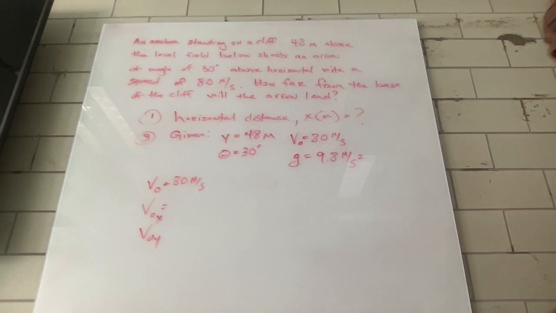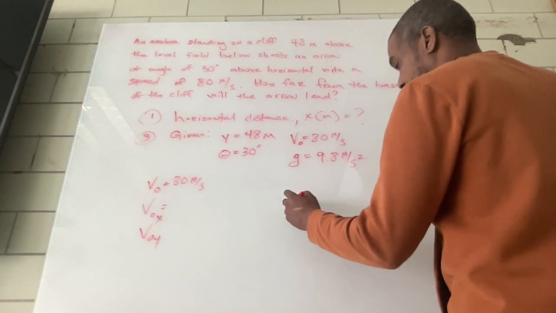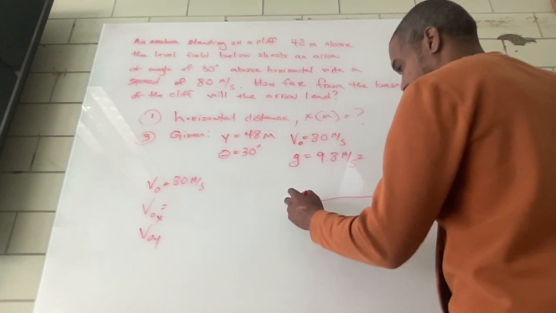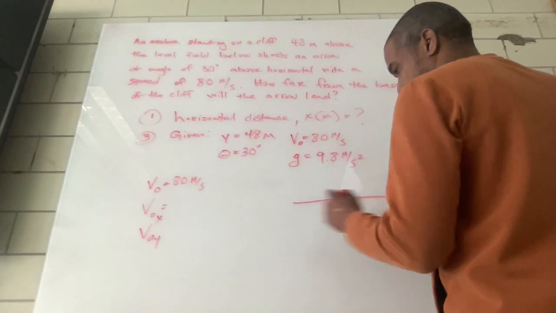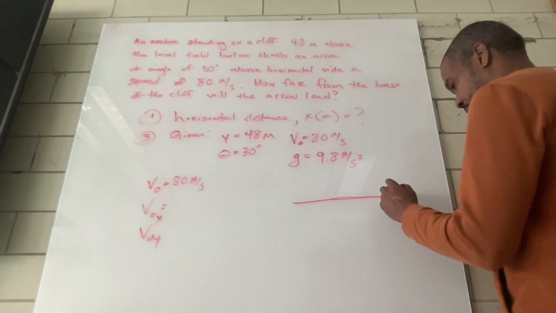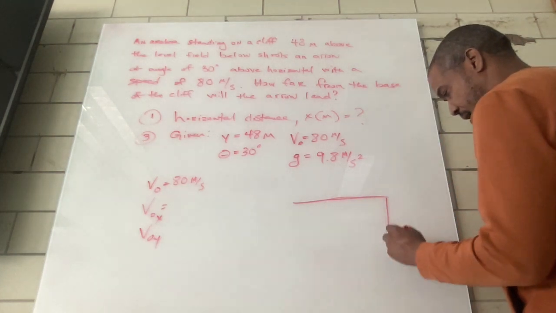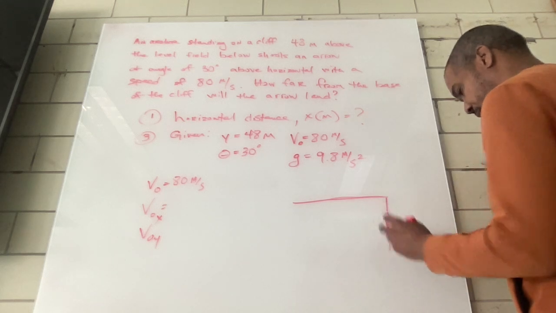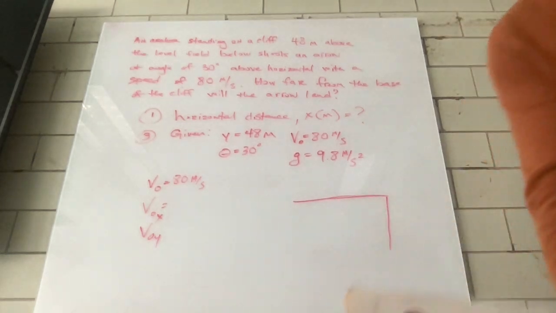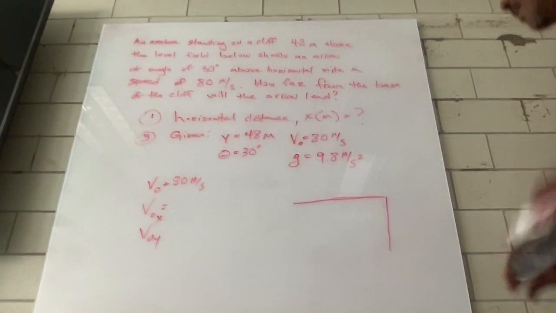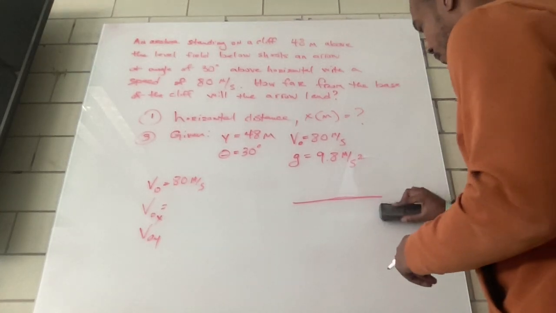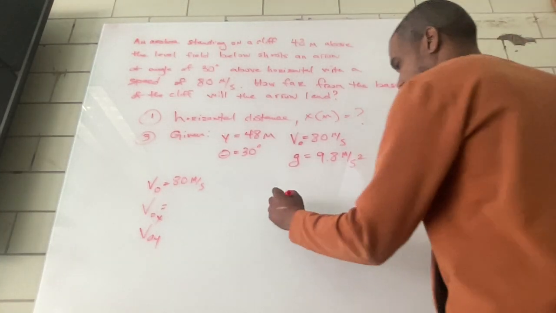So we're on the cliff, the guy's on the cliff, and the cliff is 48 meters.